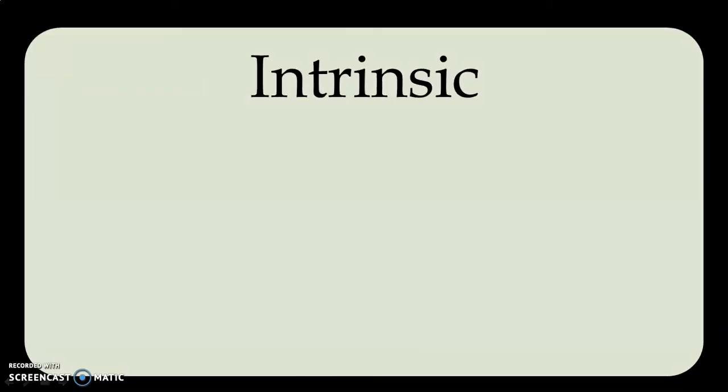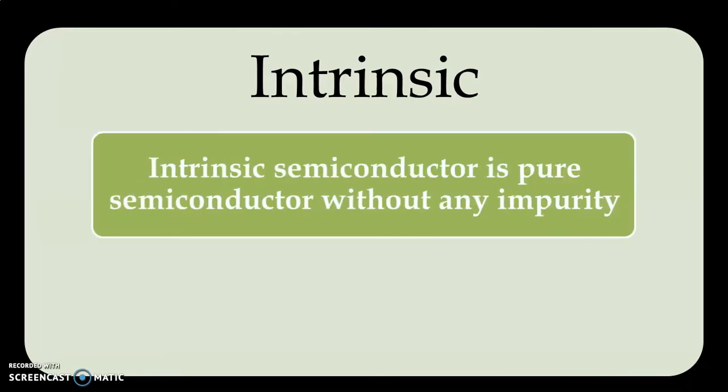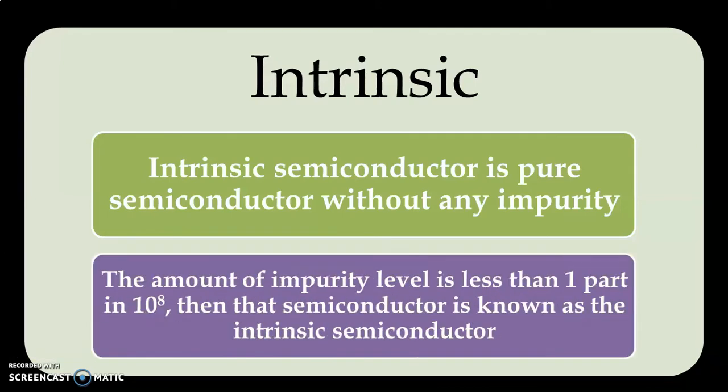Now let us understand what exactly we mean by intrinsic type of semiconductor. Intrinsic semiconductor is pure semiconductor without any impurity. The amount of impurity level is less than 1 part in 10 raised to 8 power.